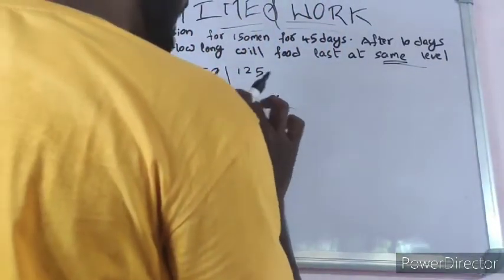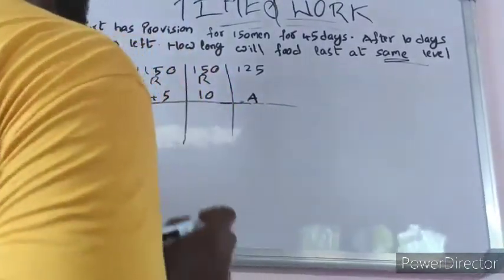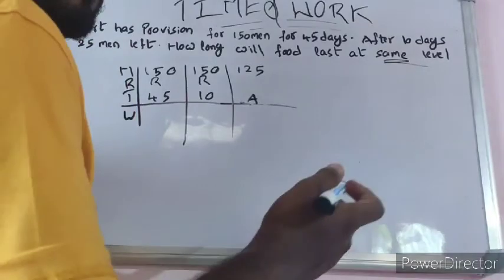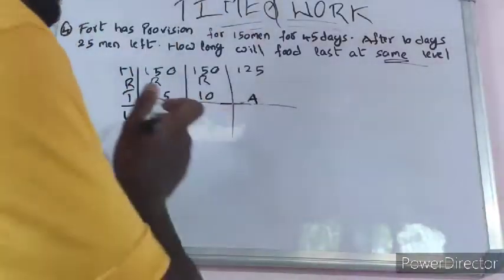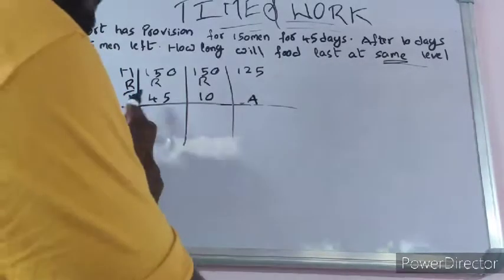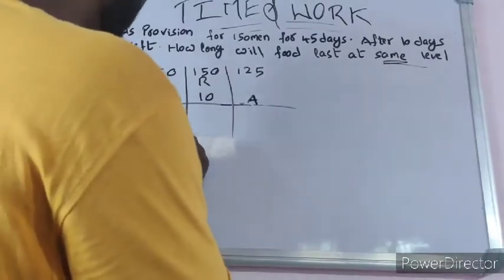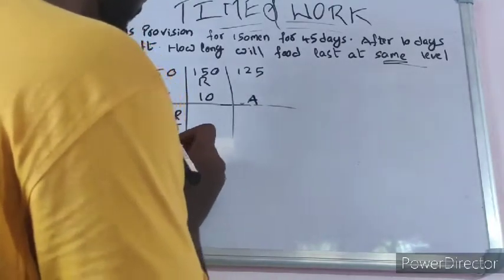So let's take this 35 plus x as some quantity a. As I already said in the previous video, work done is a multiple of M, R and T, men, rate and time. So we can use it as 150 into R into 45.